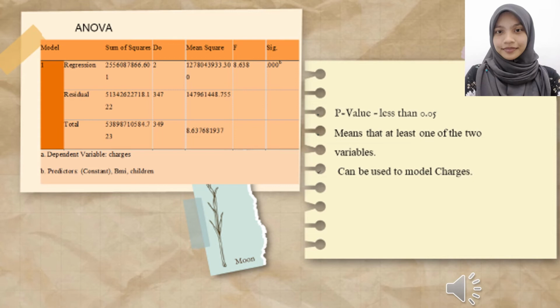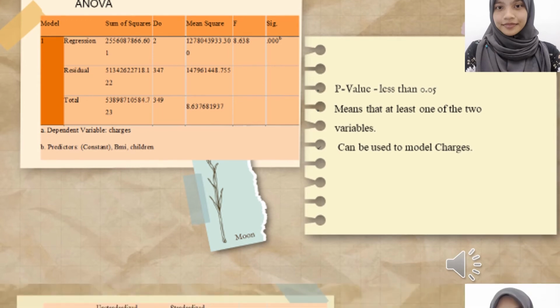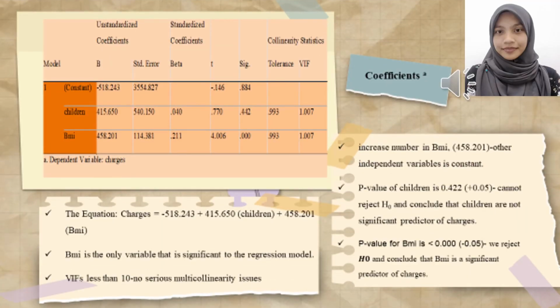For the equation of charge, we have a constant of negative 518.243 plus 415.96450 for children plus 458.201 for BMI. From the coefficient table, we can conclude that BMI is the only variable that is significant to the regression model.